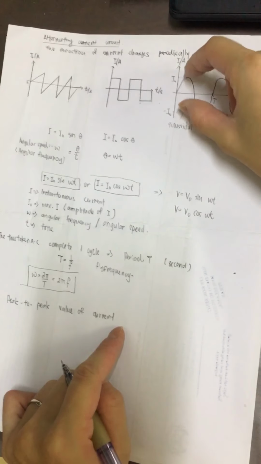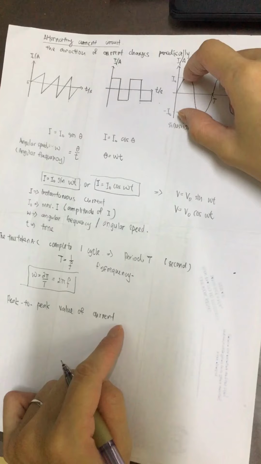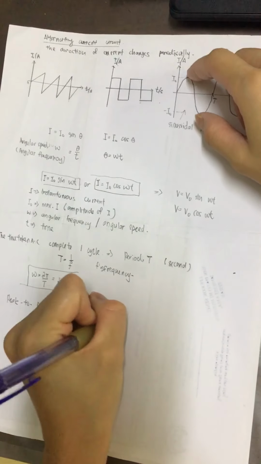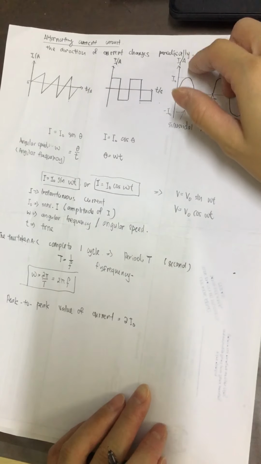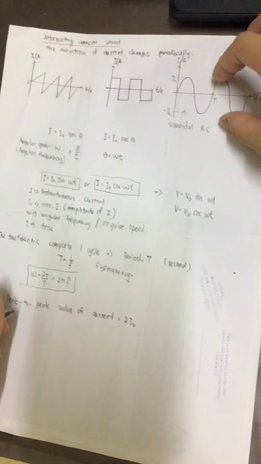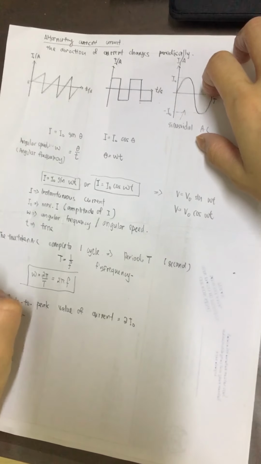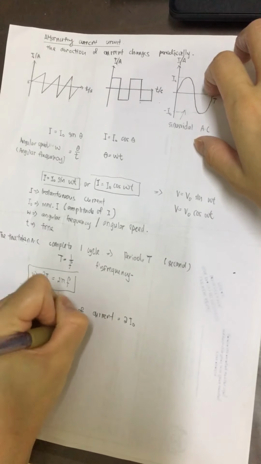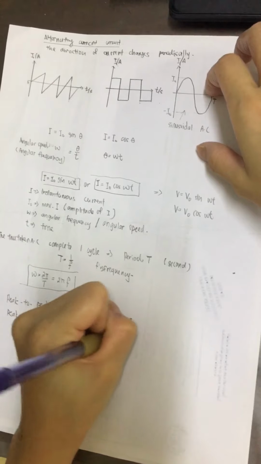The value between these two will be equal to 2 I naught, because I naught plus I naught. So peak to peak equals 2 I naught. Of course, if you want to find the peak to peak value of voltage, it will be equal to 2 V naught.